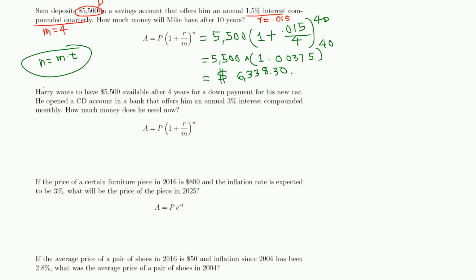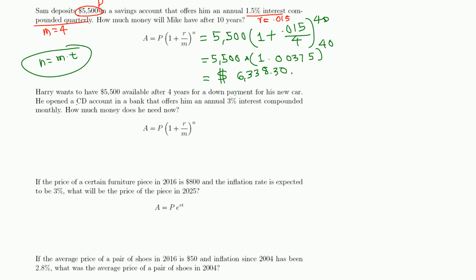Next, Harry wants to have 5,500 available after 4 years. Okay, this is different. He does not have 5,500. This is not the P. He wants to have the total amount of 5,500 available after 4 years for a down payment for his new car.